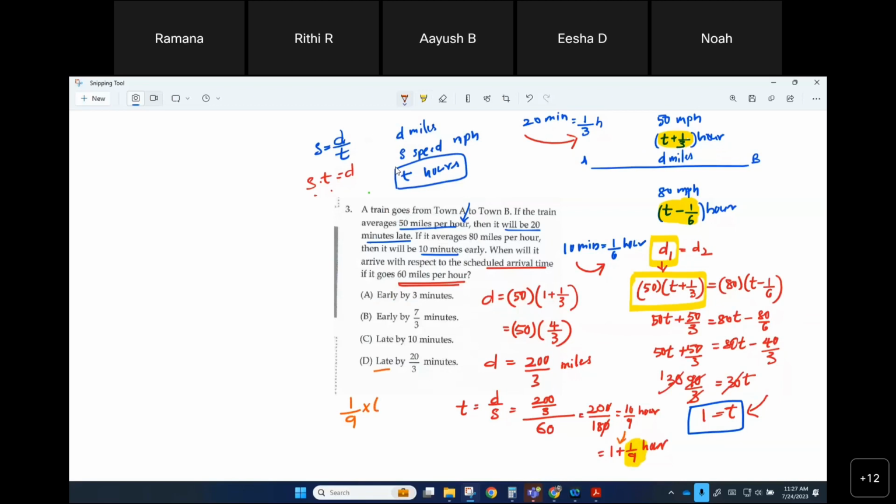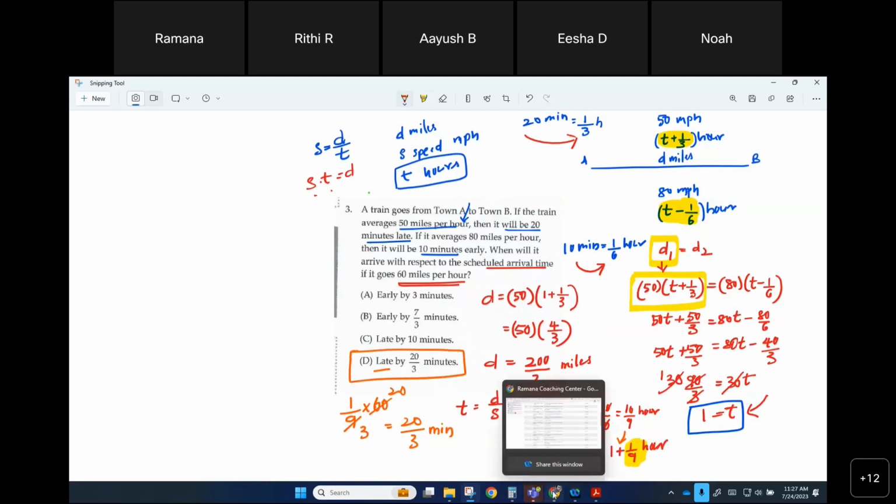You multiply by 60. 3 threes, 320. So it is late by 20 over 3 minutes. Is that making sense, everyone? Question number 3, is that clear?